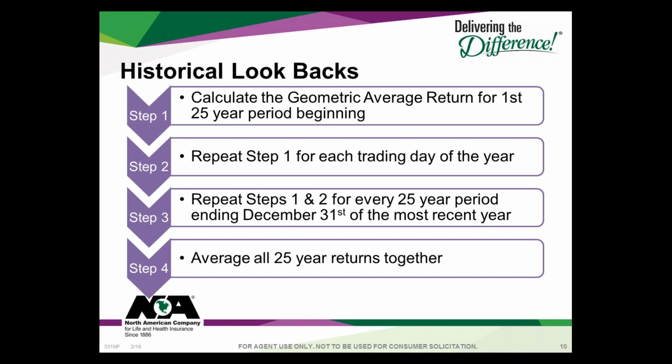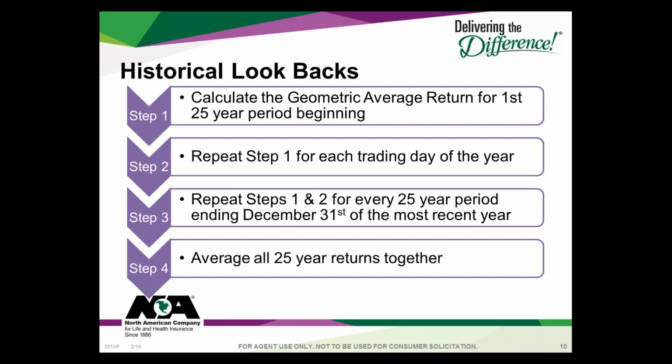Now, is the historical lookback an accurate estimate of what's going to happen? No, it's not. It's a historical lookback. It's an accurate representation of what did happen, but not what would have happened. Actually, it's even questionable about what did happen, because historical lookbacks assume today's cap and par rates, not what the historical cap and par rates would have been.